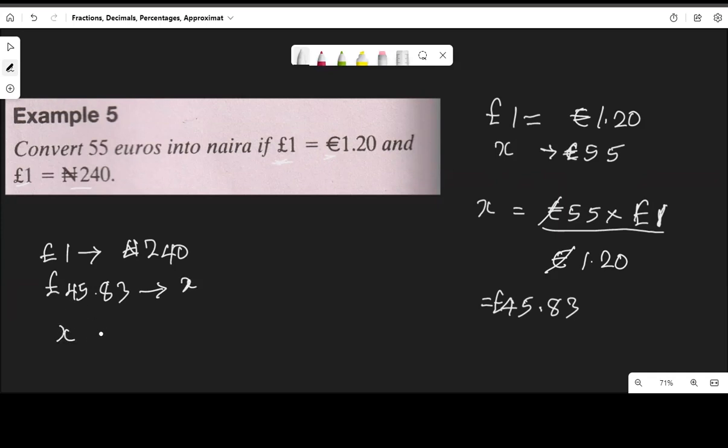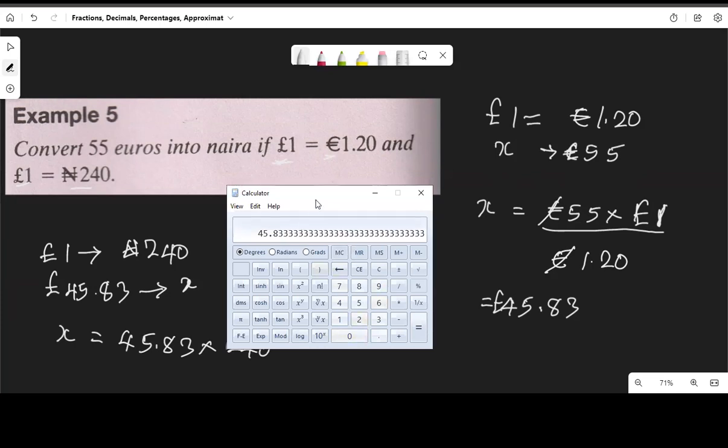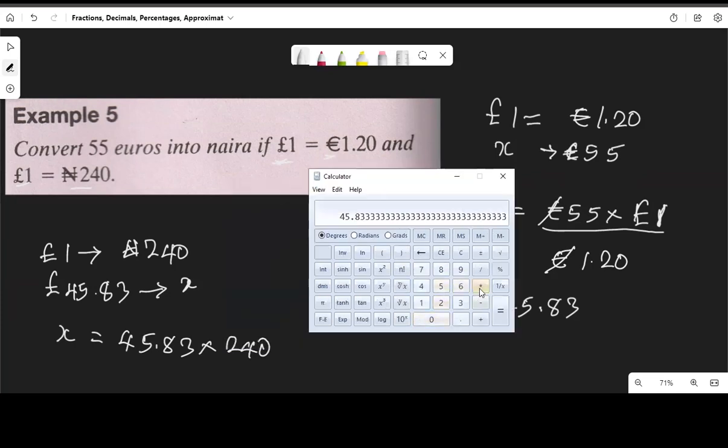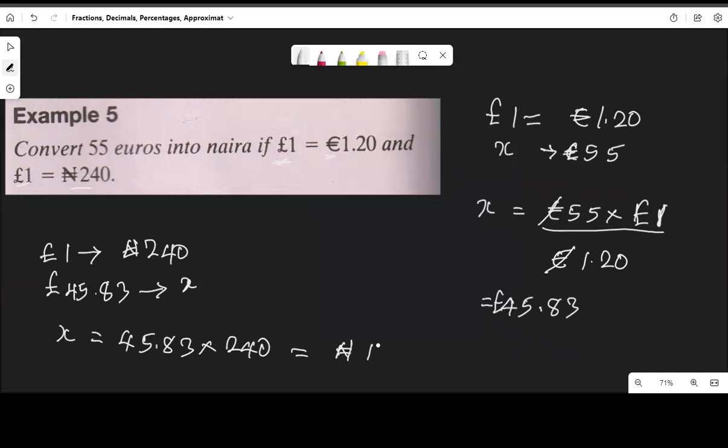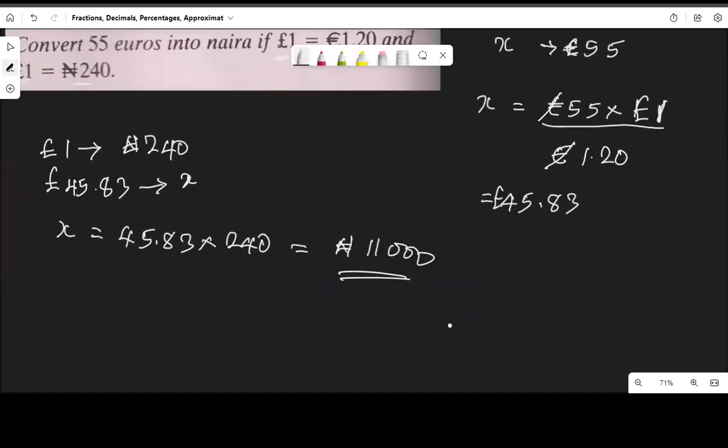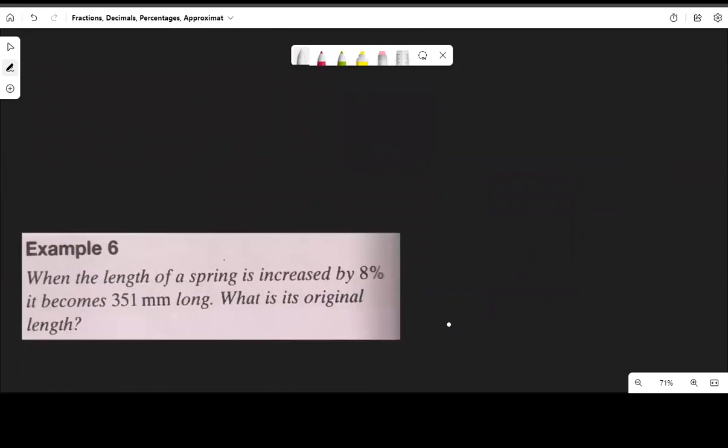X will be 45.83 times 240 naira. The number is still in the memory of the calculator, so let me just multiply this by 240. That is about 11,000 naira. So 11,000 naira is the answer to this. Let's move on.